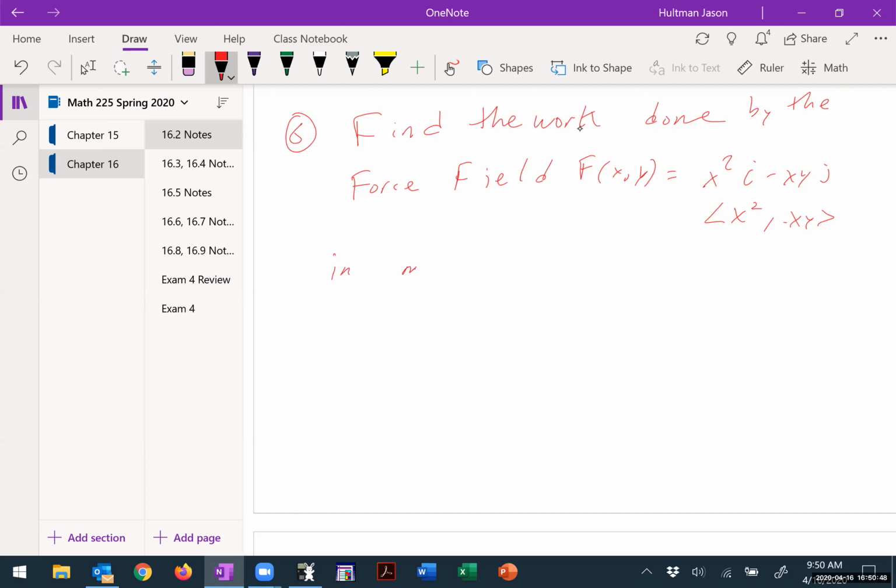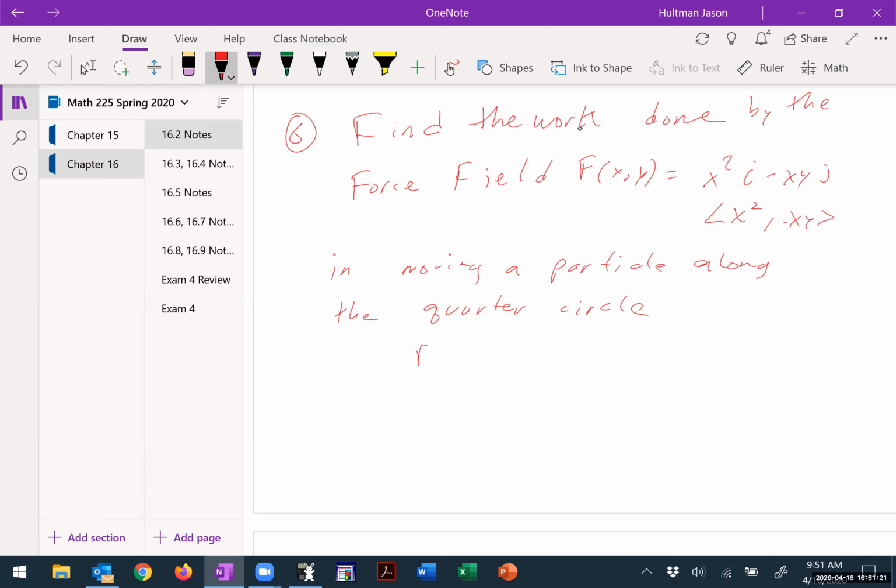Along, in moving a particle along the quarter circle. You're like, oh, we're moving along a circle again. Yeah, exactly. Go figure, right? Along the quarter circle, and we need a vector valued function for a circle. What circle is it? It's just the unit circle again.